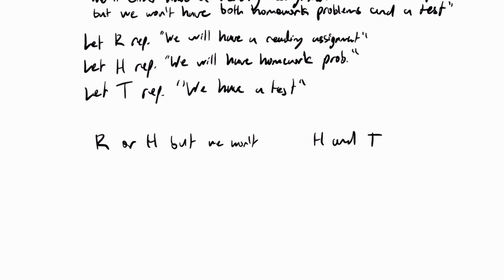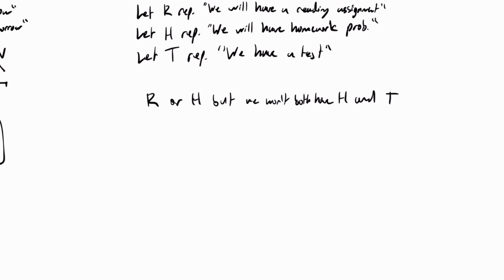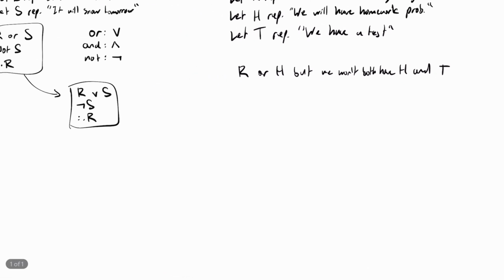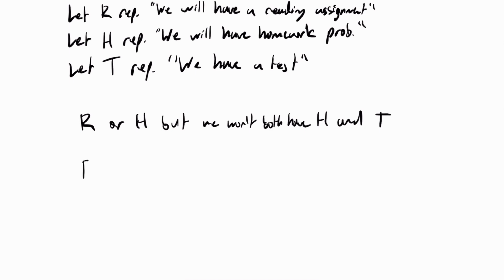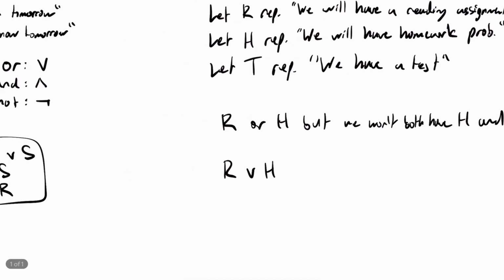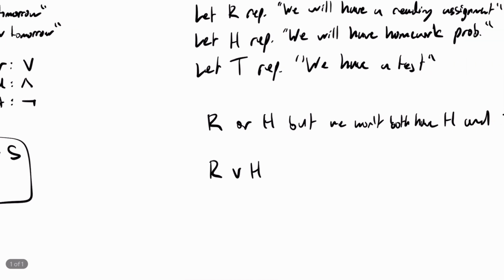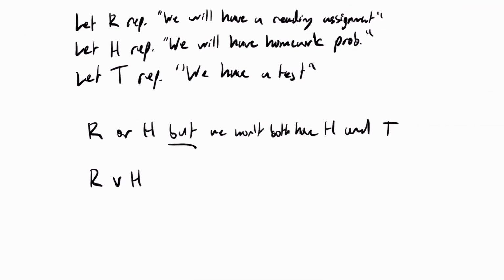Maybe I should specify that we won't both have. Now we have to represent this using our logical connectives. Now, of course, the first one is really easy. We just have R or H. Remember, the V means or.